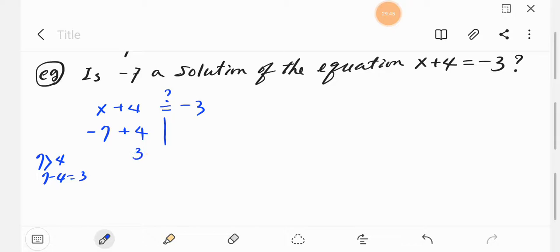Since 7 is larger than 4, take the sign of 7, negative 3. So finally, negative 3 is the same as the right side. Therefore, yes, negative 7 is a solution.